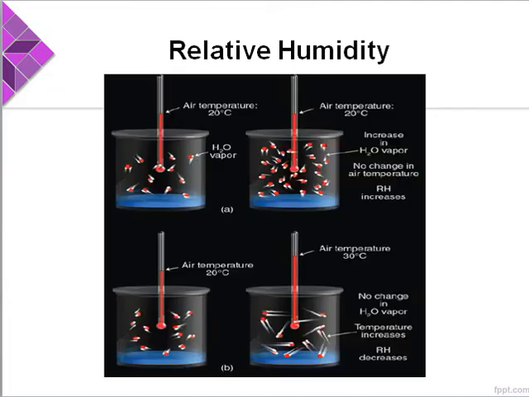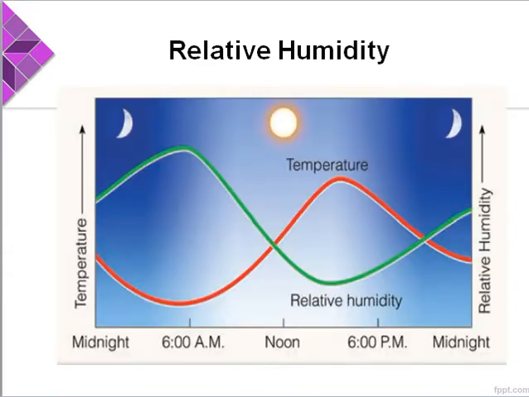Because going back to our previous slide, if we increase the air temperature, it will lower the relative humidity. That is why as the air warms during the day, the relative humidity will tend to decrease, with the lowest values usually occurring during the warmest part of the afternoon.